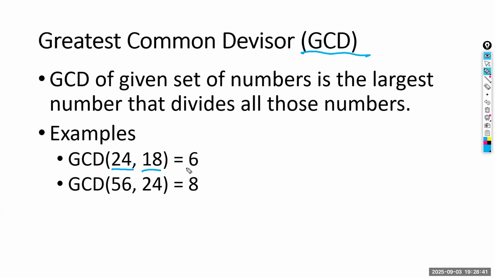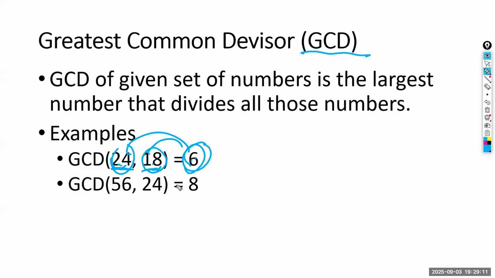There, you are looking for the biggest, but that number must divide all the given numbers. 24 is divisible by 6, 18 is divisible by 6. There's no bigger number than 6 that divides both 24 and 18. If you take 9, 18 is divisible by 9 but not 24. If you take 12, 24 is divisible by 12 but not 18. Therefore, GCD of 24 and 18 is 6.